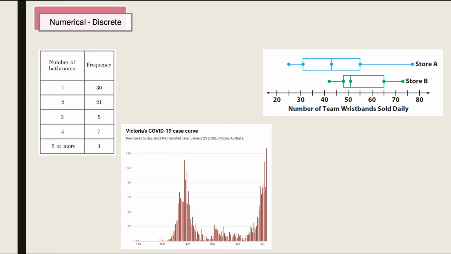So how many wristbands were sold by two stores, a store A and a store B. Again, if I'm selling wristbands, I cannot sell 1.7 wristbands. It's either 1 or 2, agree? So this is an example of that sort. I'm not going to explain too much about this type of graph now because we're going to talk about it later when we learn how to do it.